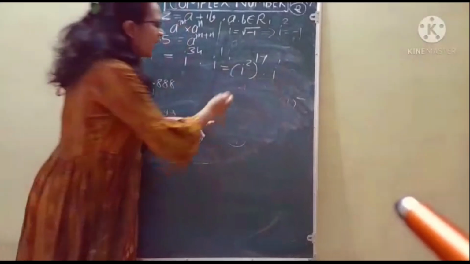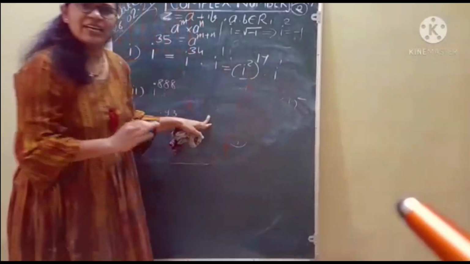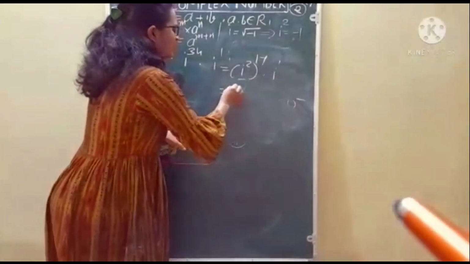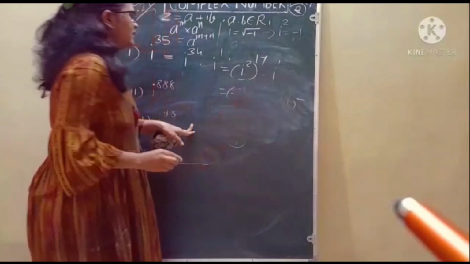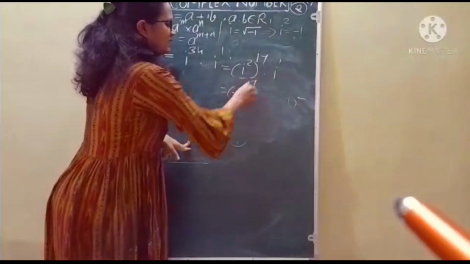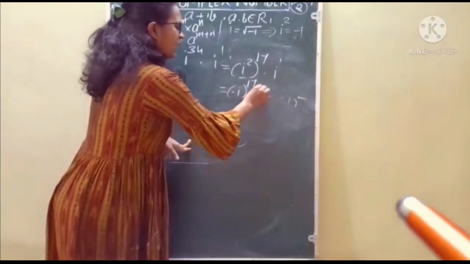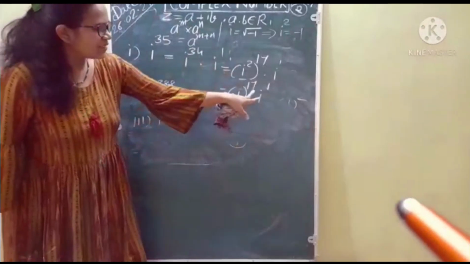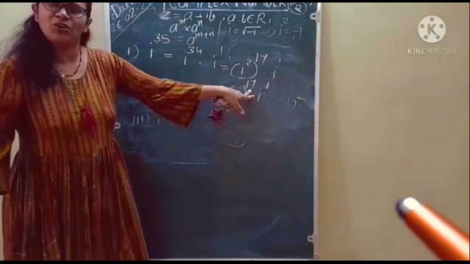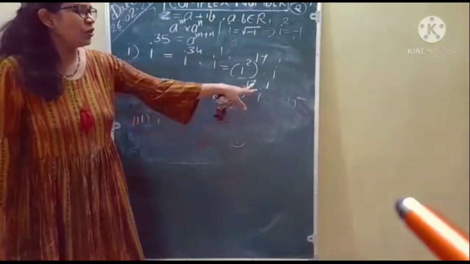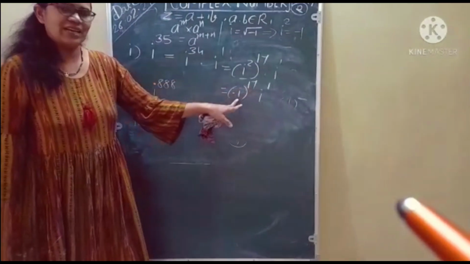Okay, अब I square की वैल्यू हमारे पास है तो we can easily substitute here. So here (-1) to the power 17 and I to the power 1. Okay, अब यहाँ पे आप देख सकते हो that power is even or odd. 17 is the odd number और power यदि odd आएगा तो answer is what?